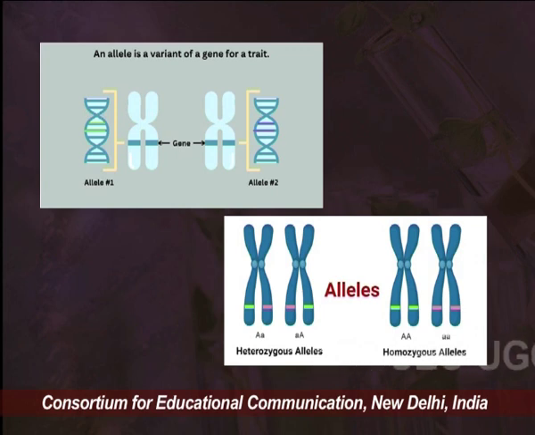A combination of capital A and small a would be a heterozygous allele, and a combination of the same letter would be a homozygous allele, like capital A and capital A, or small a and small a. The coloring has been shown to differentiate between the different kinds of alleles that can be present.